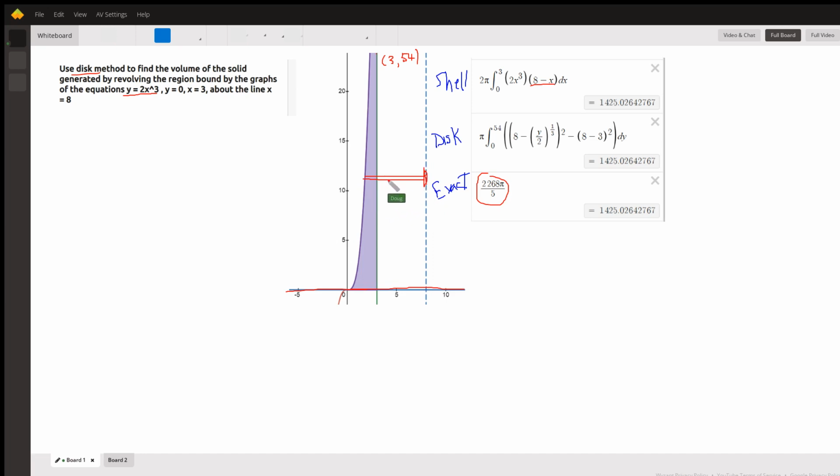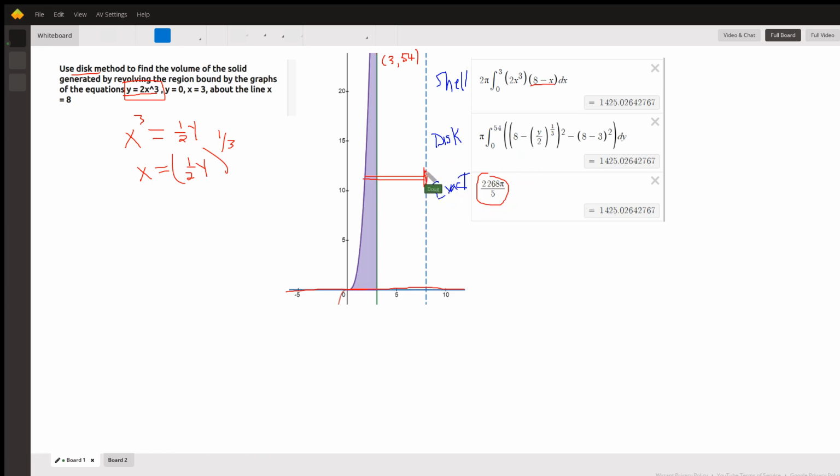And to do that, we have to solve this equation for x in terms of y. So x cubed equals y over 2, or 1/2 y. So x equals 1/2 y to the 1/3 power.